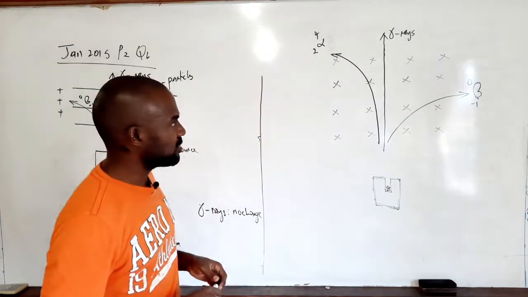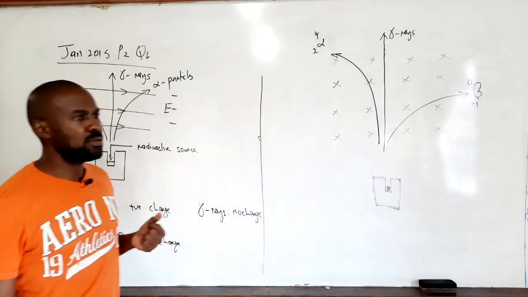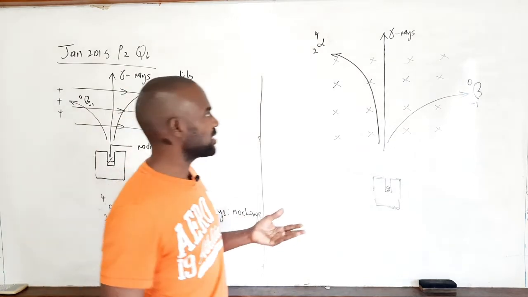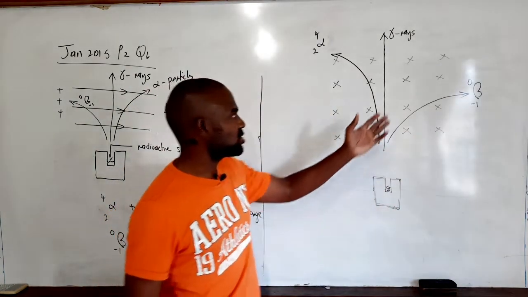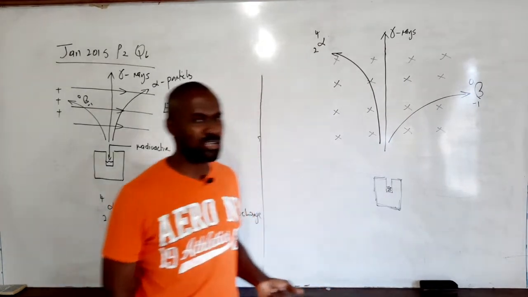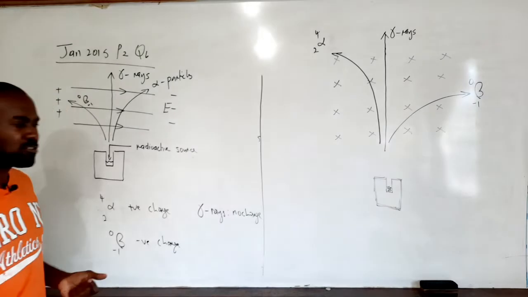So basically, this sums up the directions in which the alpha particles and the beta particles will be deflected, and of course the gamma rays go straight through because they carry no charge and are therefore not affected by a magnetic field or an electric field.